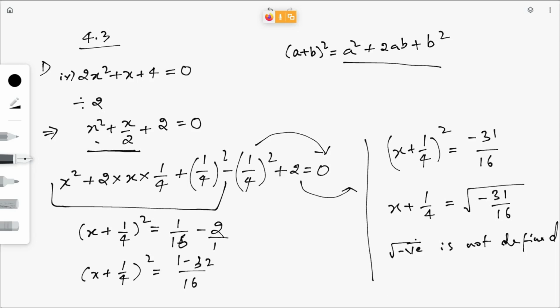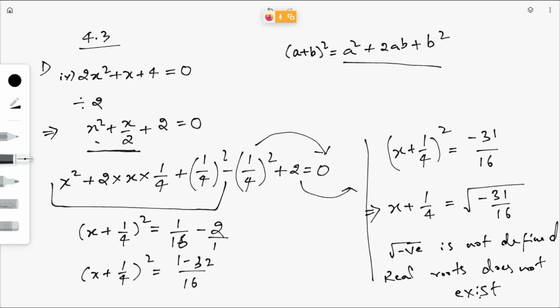There is no real root. If you get the root of a negative number in this step, after this step, if x plus 1/4 or x is equal to the root of some negative number, then real roots do not exist.